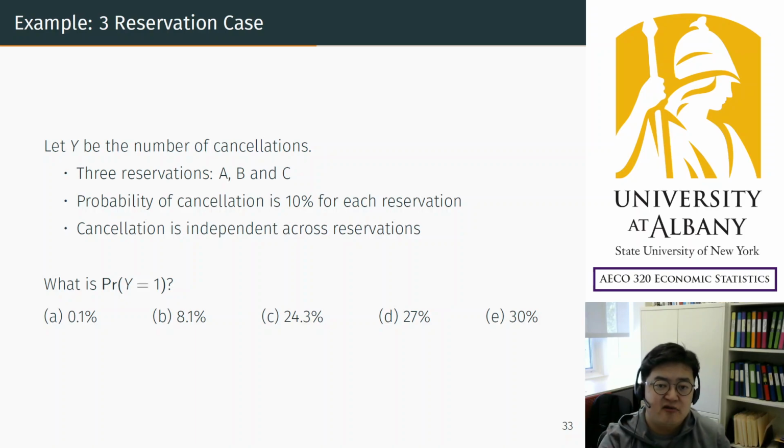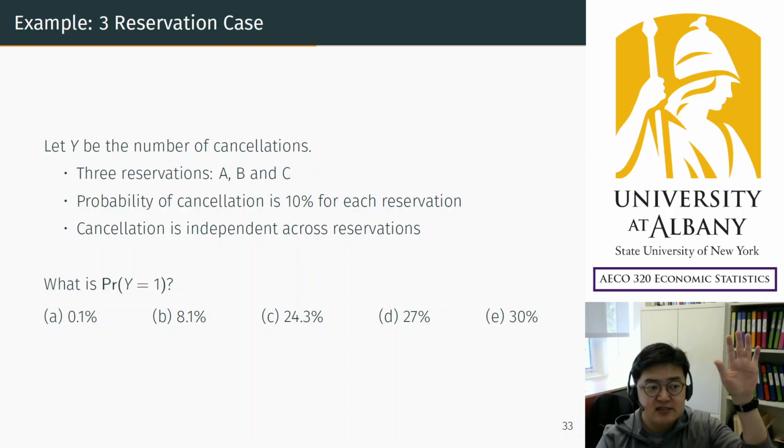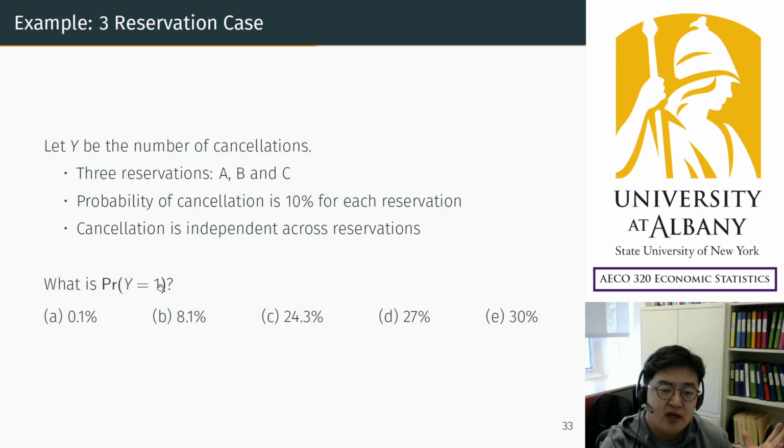And because there are three reservations, there are 2 times 2 times 2 possible outcomes, right? Cancel, not cancel, not cancel, not cancel. So you can imagine a three-dimensional table of all possible outcomes. Among the 8 outcomes, we would like to calculate the probability that only one cancellation happened.